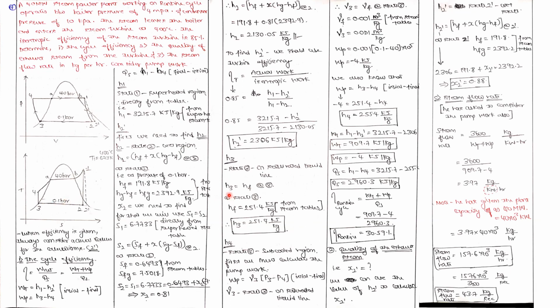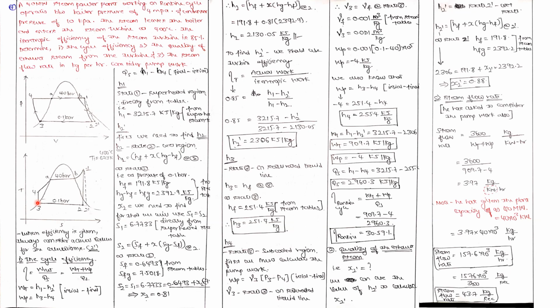Now H4. I told you, if I want to calculate the value of H4, I should always calculate the value of pump work first. The pump work is given by V3 into P3 minus P4 as usual. So specific volume at state 3, how will you find out? State 3 is on the saturated liquid line, so it is directly VF at state 3.